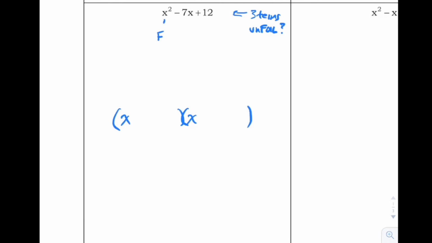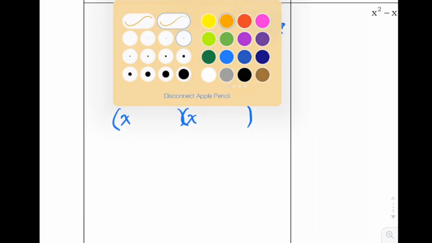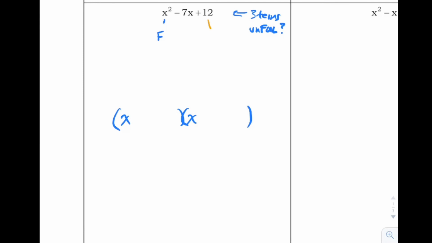And then, this is the important part. To get the 12, you want to be multiplying something, maybe 3 times 4, in the last positions. It could be 3 times 4, it could be 2 times 6, it could be 1 times 12, or sometimes you swap them around the other way, and so on. There's lots of possibilities to try.